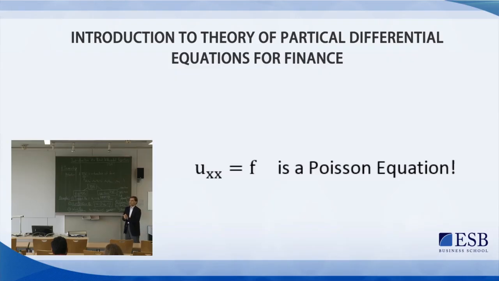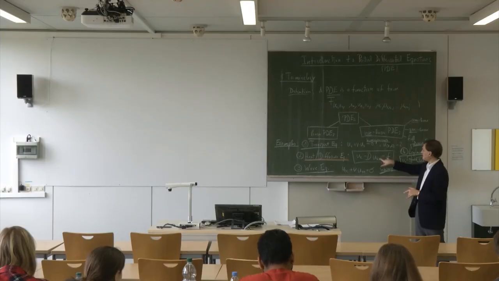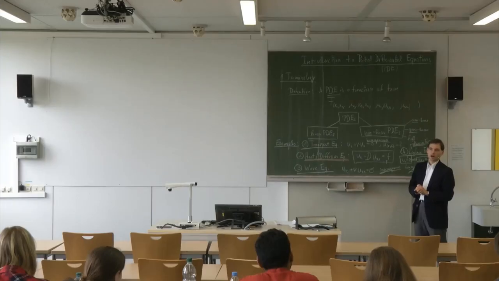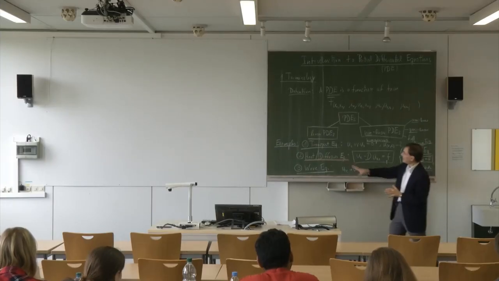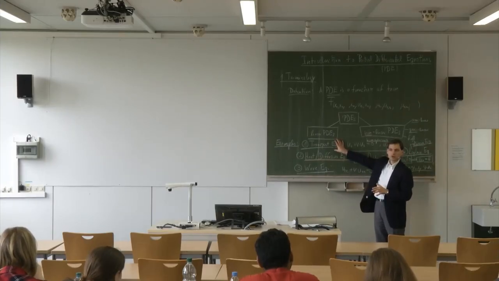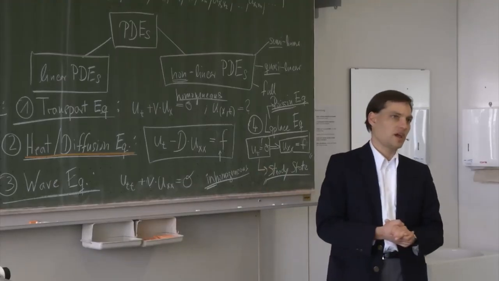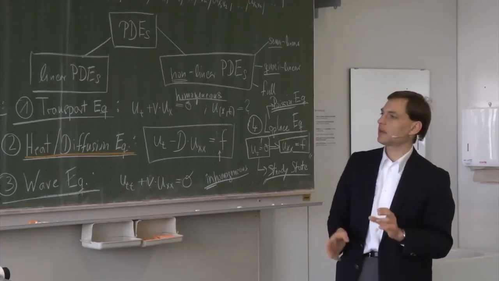And what I'm going to do today is concentrate exclusively on solving the heat equation or diffusion equation, because this is closely linked to the Black-Scholes model. We are not studying how to solve a transport equation, a wave equation, or other types of equations.